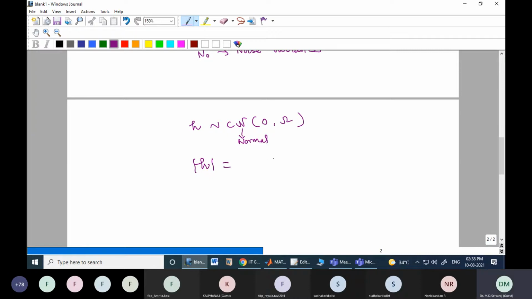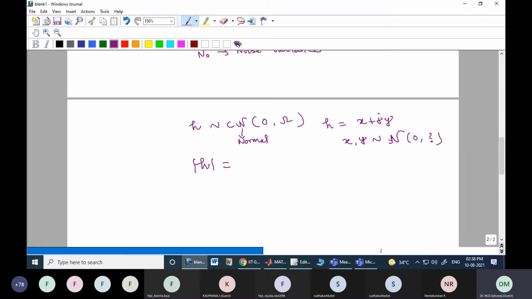If it is complex normal, let me write it down like this: H is equal to x plus jy, where x and y are normally distributed random variables with some variance.